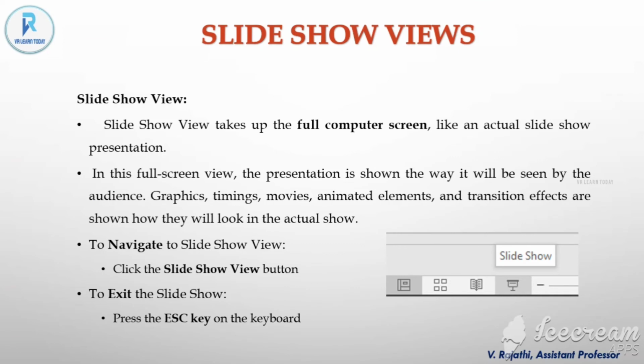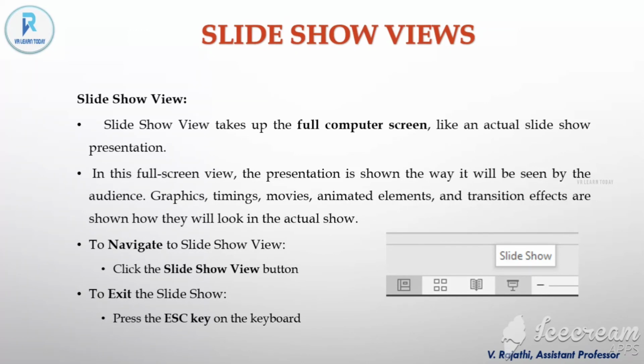And then the final one is slideshow view. This is known to everybody. Slideshow view takes up the full computer screen like an actual slideshow presentation. In this full screen view, the presentation is shown the way it will be seen by the audience. Graphics, timings, movies, animated elements, and transition effects are shown how they will look in the actual show.